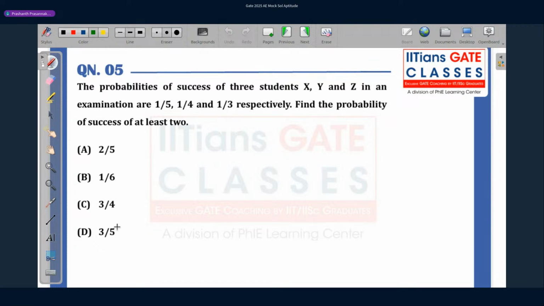The probabilities of success of three students, X, Y, and Z, in an examination are 1 by 5, 1 by 4, and 1 by 3, respectively. So find the probability of success of at least 2.